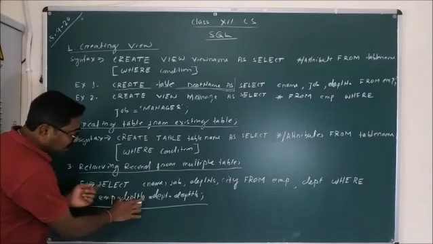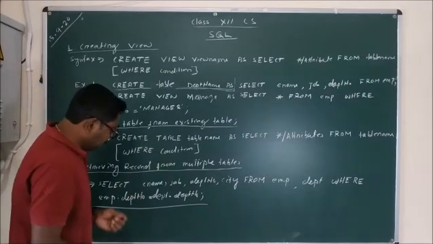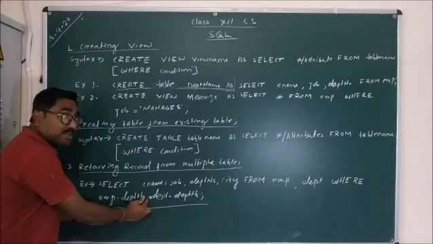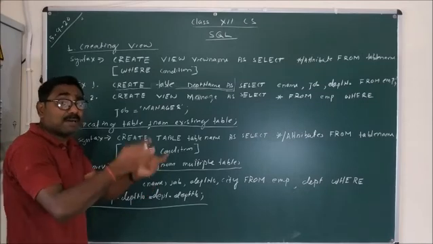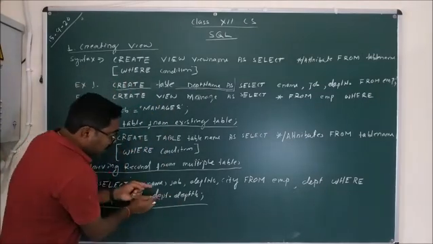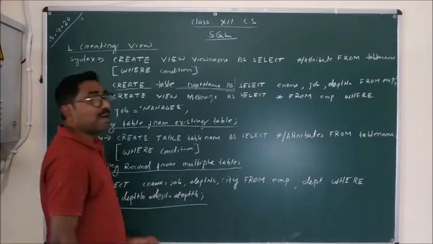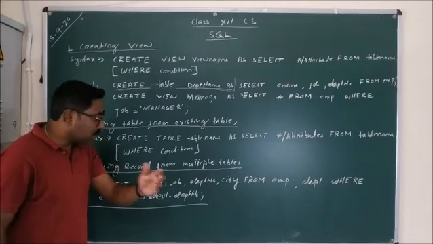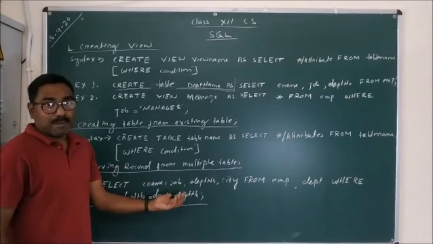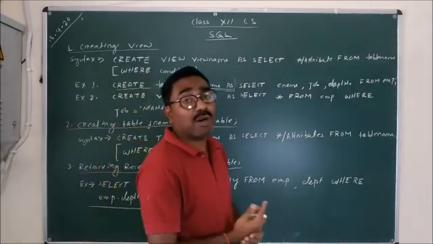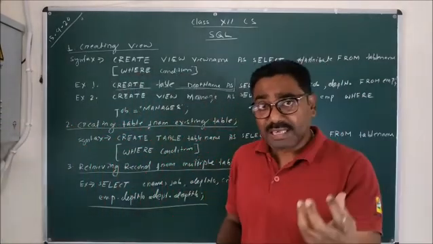The common field here is the department number. EMP dot department number means whatever department number is stored in the EMP table will be checked with department dot department number, that is, all the department numbers stored in the department table. So this is how you can retrieve information from multiple tables.